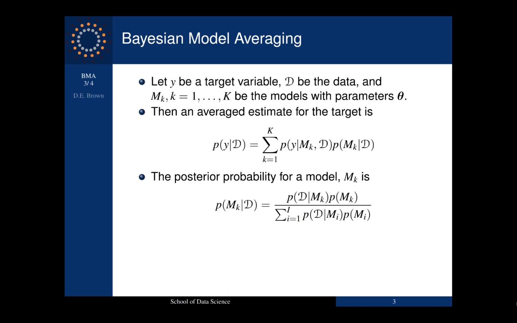We, of course, can describe and find the posterior distribution for model k using Bayes' rule, and this is just shown here. We're going to use in the numerator the likelihood of the data given a particular model and the prior for the model, and in the denominator, of course, we have the likelihood of the data, or the evidence.